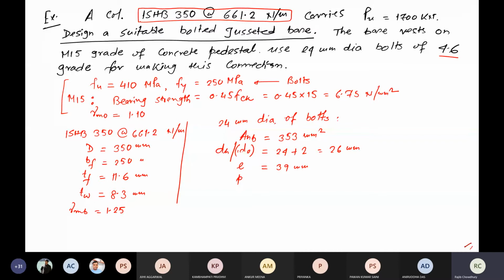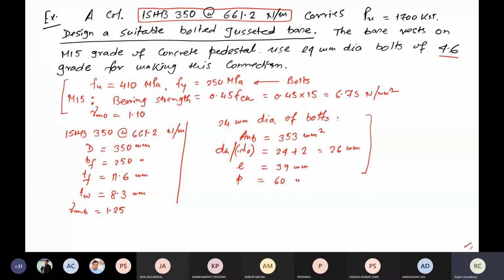I am assuming the pitch of the bolt to be 60. So d0, e and p are known. From here I can easily evaluate the single shear, double shear capacity, the bearing capacity, etc.